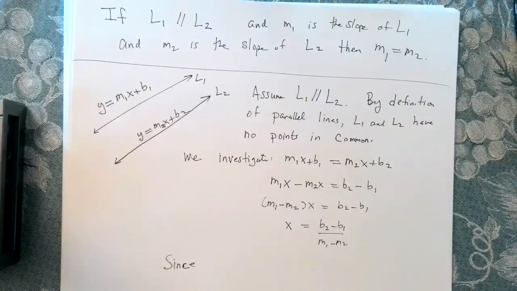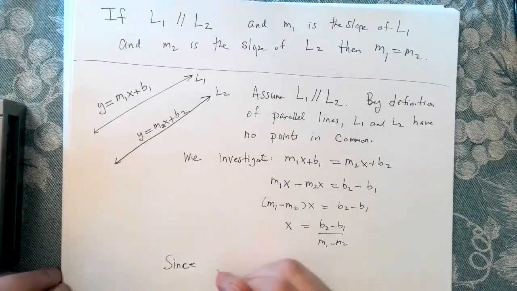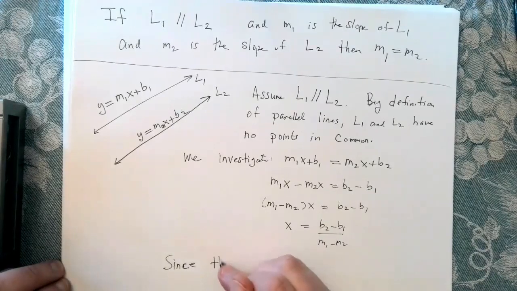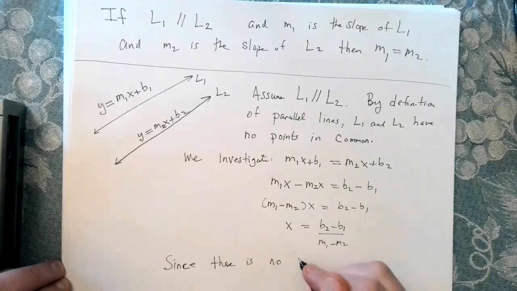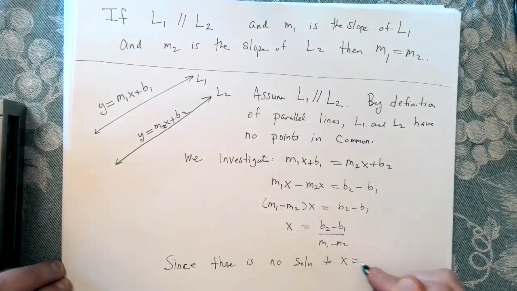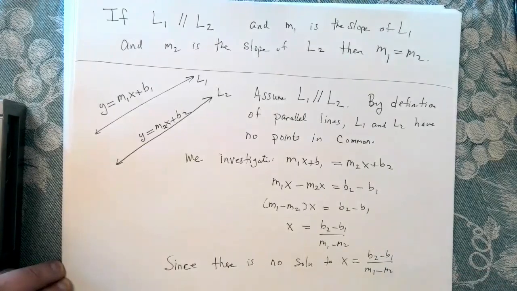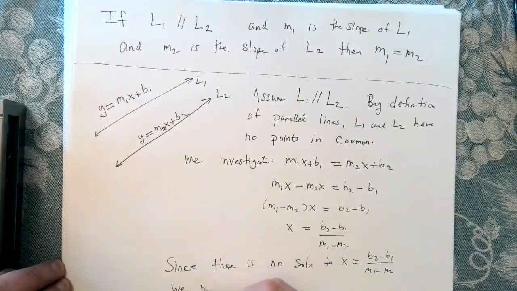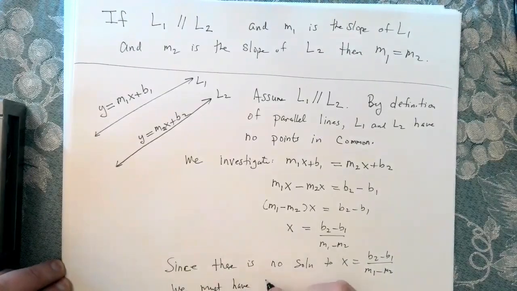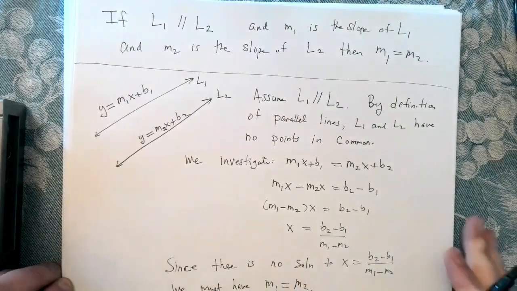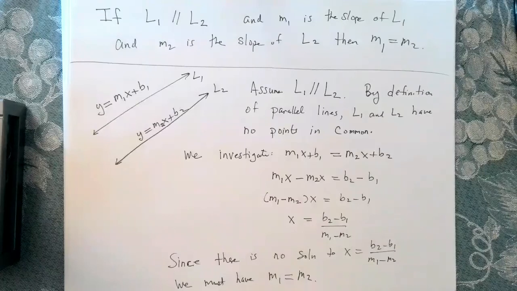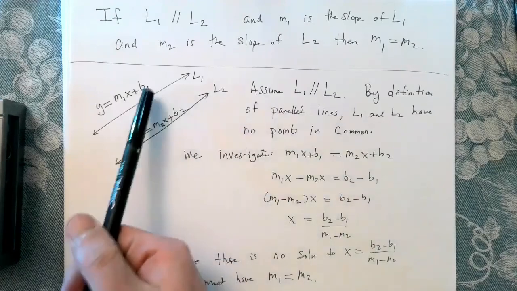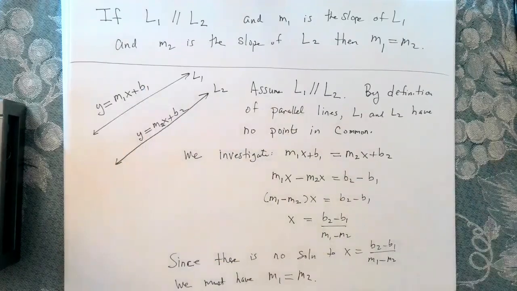So, since there's no solution, that can only happen if we have m1 equals m2. Hopefully that makes sense. That proves that if two lines are parallel, meaning they have no intersection and thus no solution, then their slopes are equal.